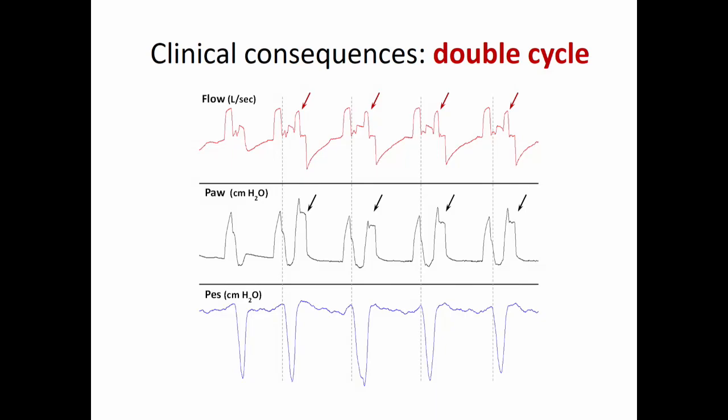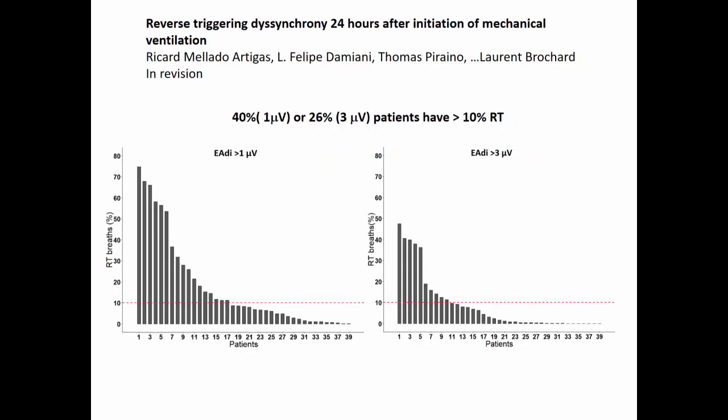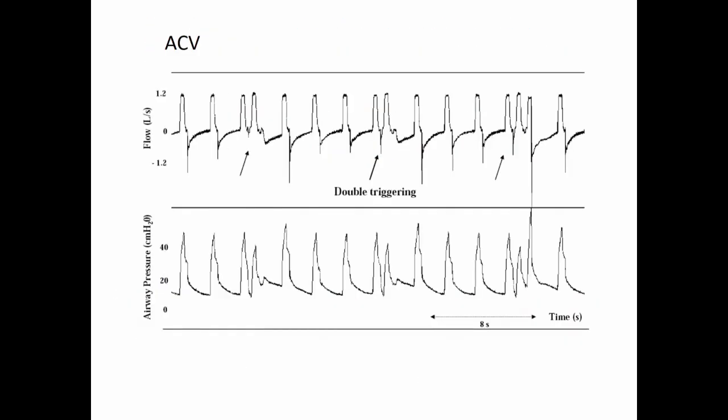Their diaphragm is following the activity of the ventilator and can induce, for instance, these double cycles. Next slide, let's skip this one. Next slide, this is just to show an example of a patient having a lot of this double triggering. And it may not be easy to distinguish whether it's double triggering with high respiratory drive or double cycling.